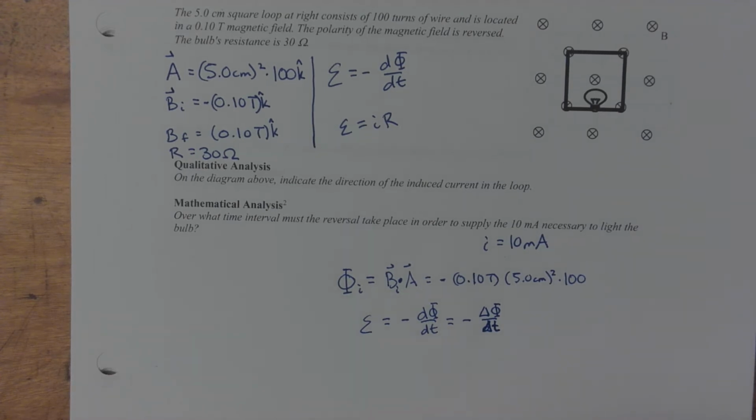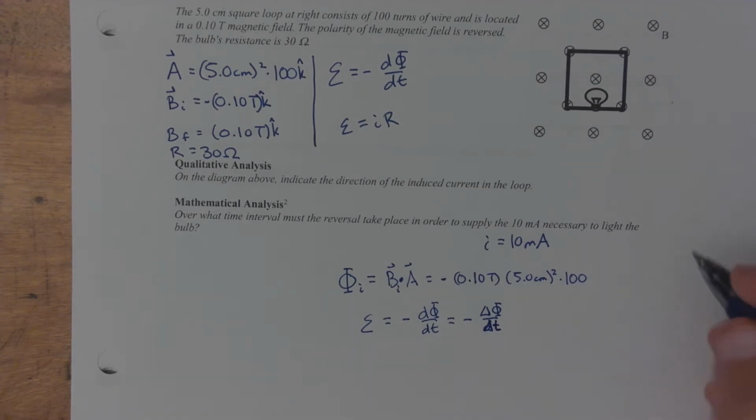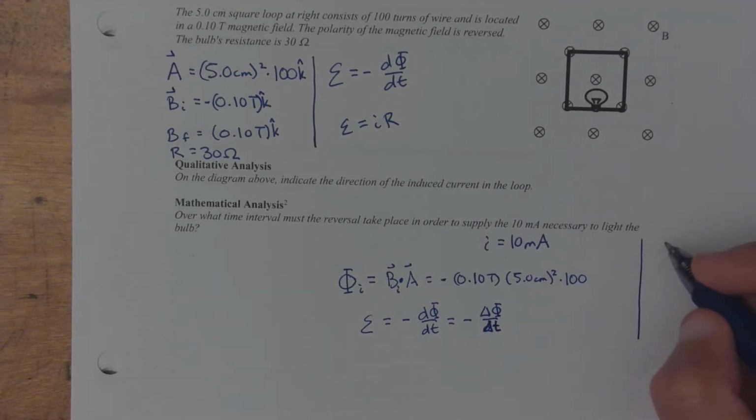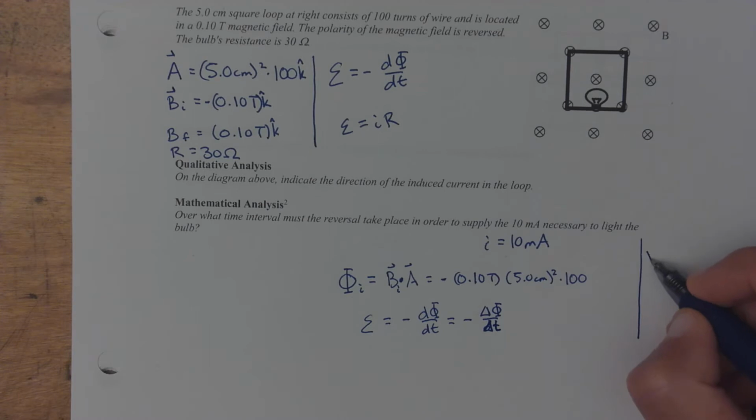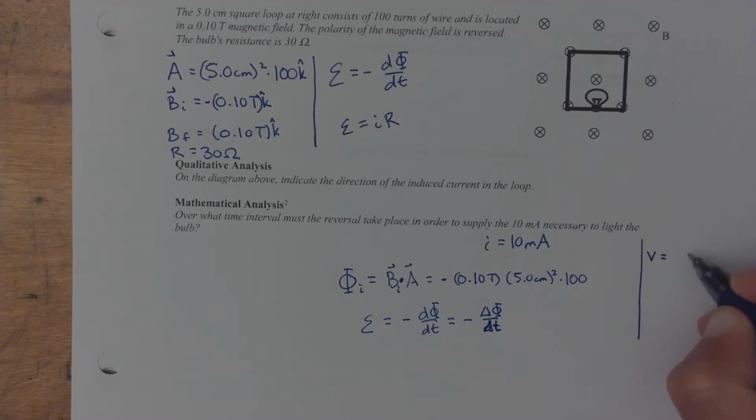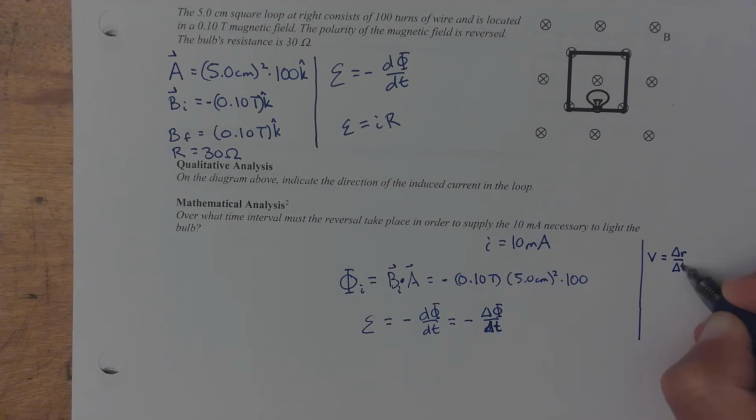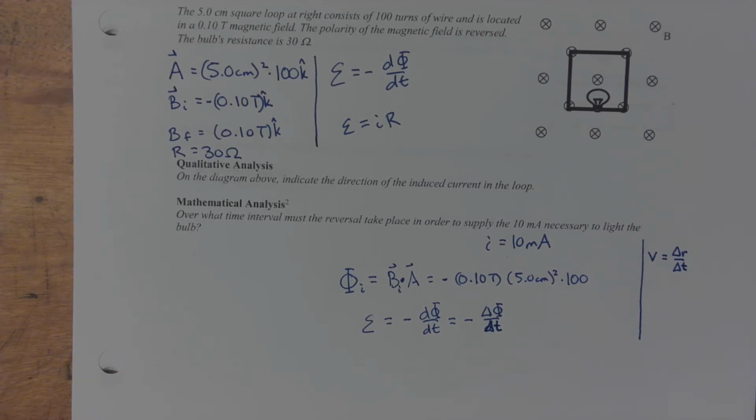Okay, if you think back to Physics 161, we had the velocity is equal to the change in position over the change in time if the velocity was constant, which means the position versus time graph was linear.